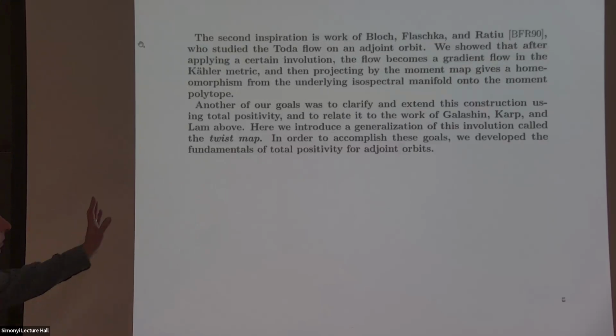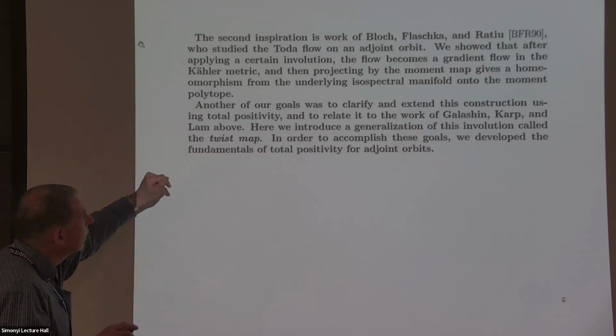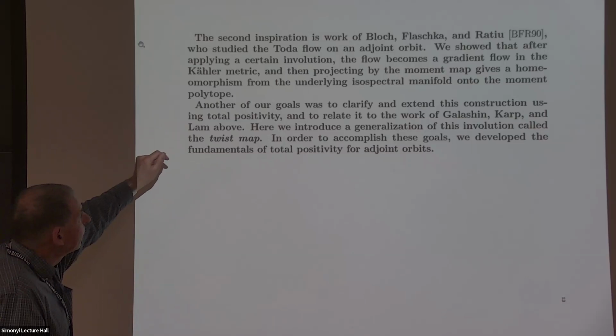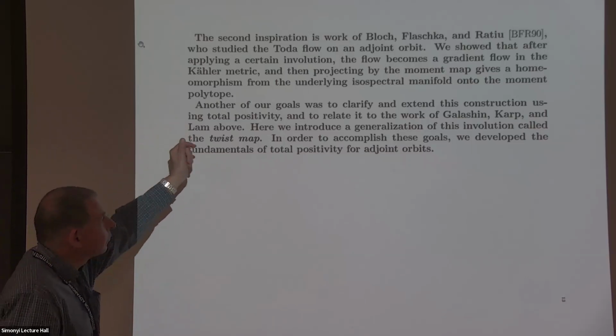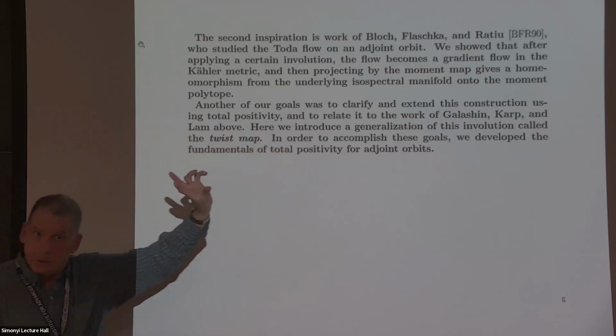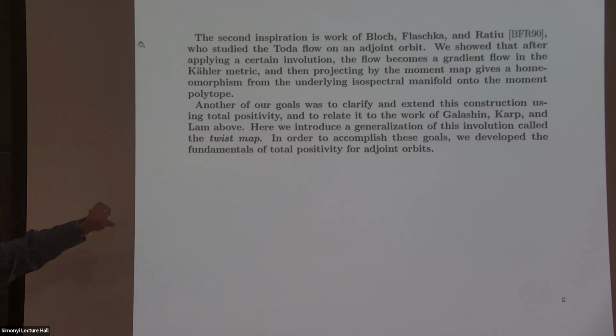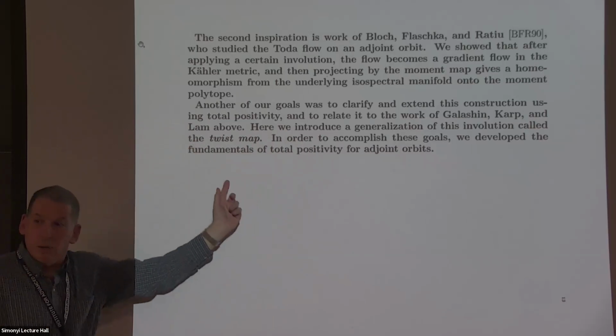The other piece of work is something I mentioned earlier about the Toda flow on an adjoint orbit. So that tridiagonal flow that I showed you can be generalized to arbitrary adjoint orbits. And what we can show is that after applying a certain involution, the flow becomes a gradient flow in a Kähler metric, and projecting by the moment map gives you a homeomorphism from the isospectral manifold, again conjugating by a unitary matrix, onto the moment polytope.